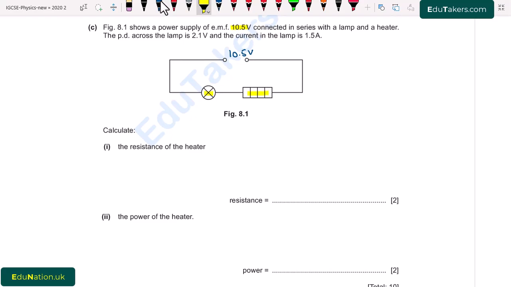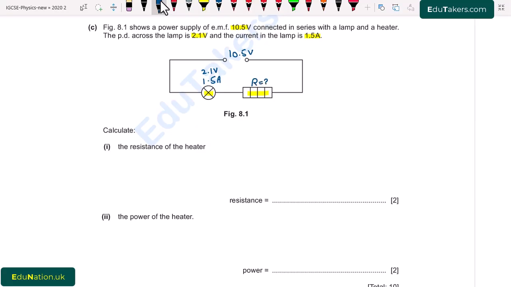It's the lamp and it's the heater. The potential difference across the lamp is 2.1 volt and the current in the lamp is 1.5 ampere. So the value of current and potential difference in the lamp is given, which is equal to 1.5 ampere and 2.1 volt.